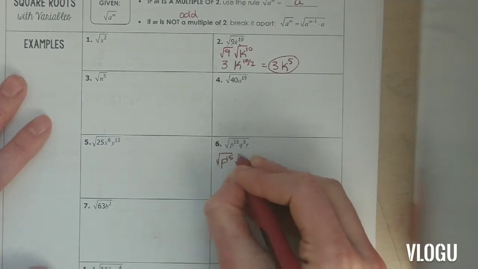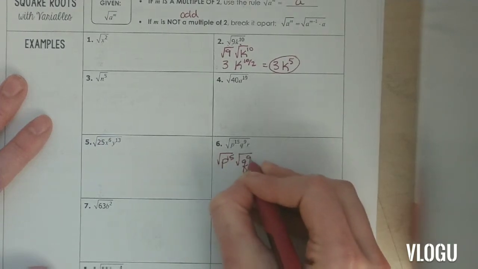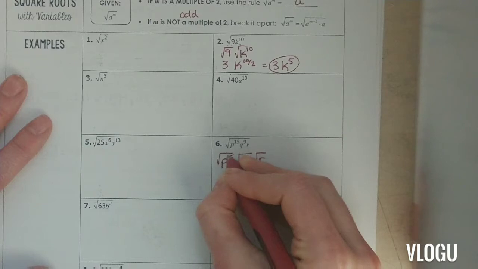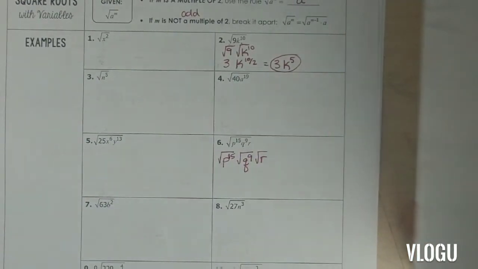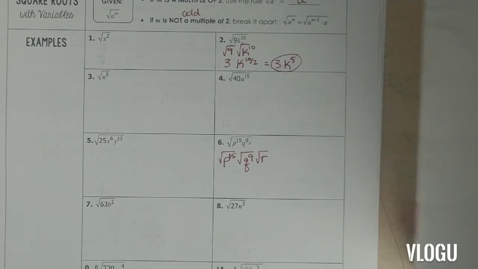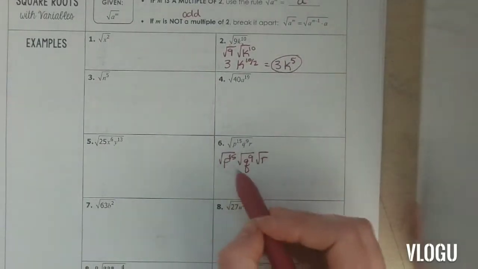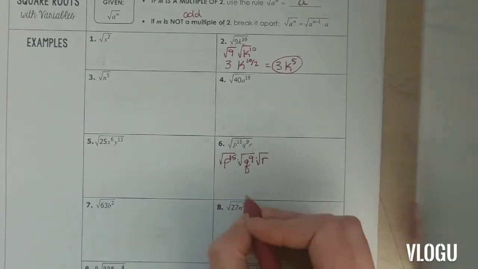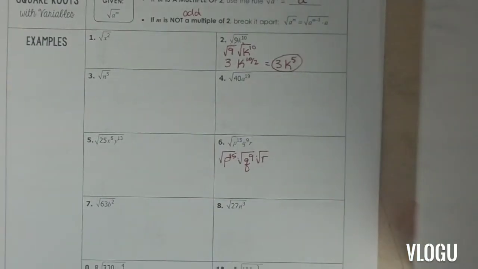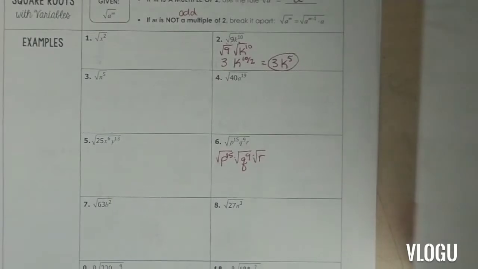This is always my first step, and you should try it too. Always going to write each one in their own square root sign first. Then what I'm going to do is I'm going to just look at each one individually. These are all multiplied together, so when I get my final answer, they'll all be multiplied together as well.